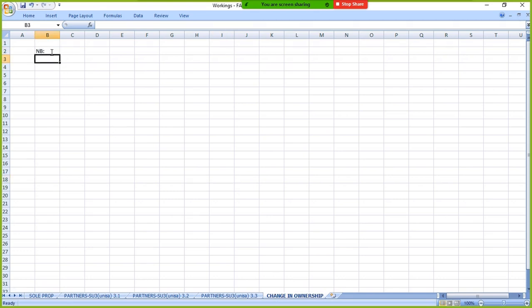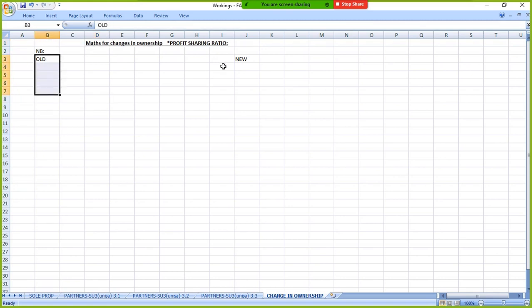NB, new and old. So this is the mathematics. The maths for changes in ownership. Asterisk, profit sharing ratio. This is how you do it.